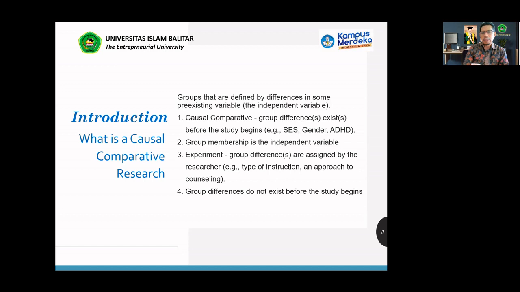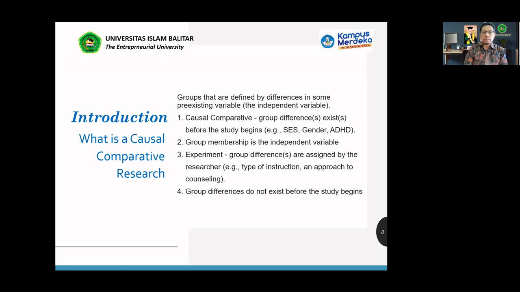In terms of experiments, we deal with group differences which are assigned by the researcher. So causal comparative research is similar to experiments, but it's different. In experimental research, we have some types of designs like ex post facto, one group pre-test and post-test design, two group pre-test post-test designs, and other things.